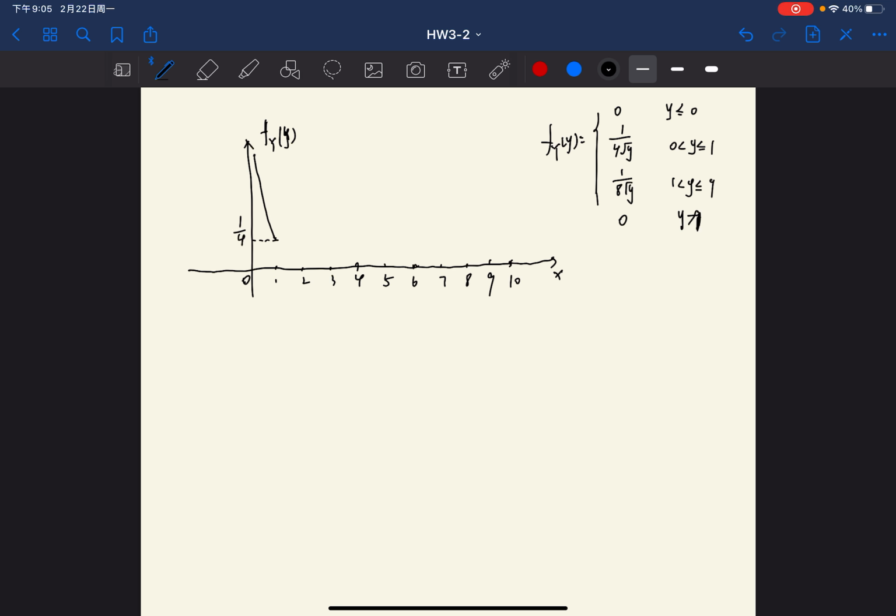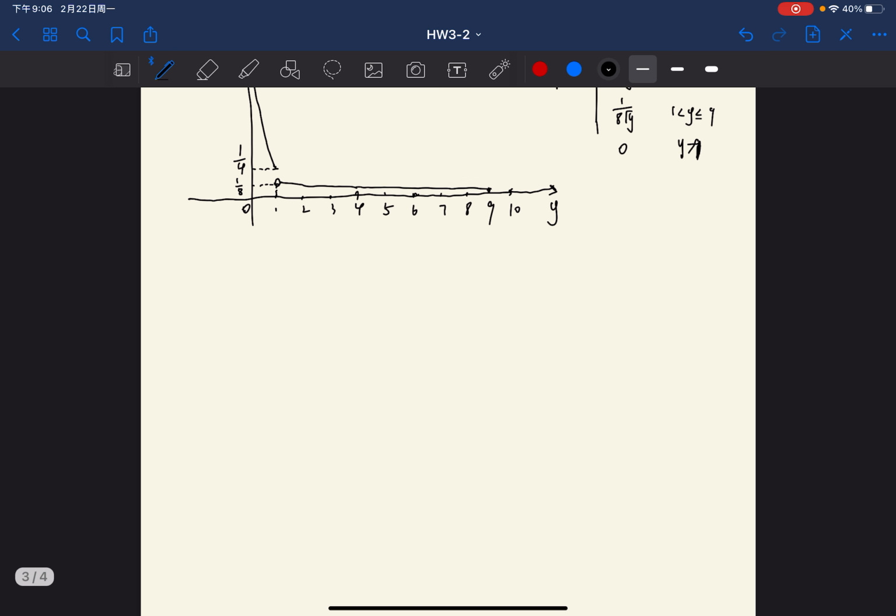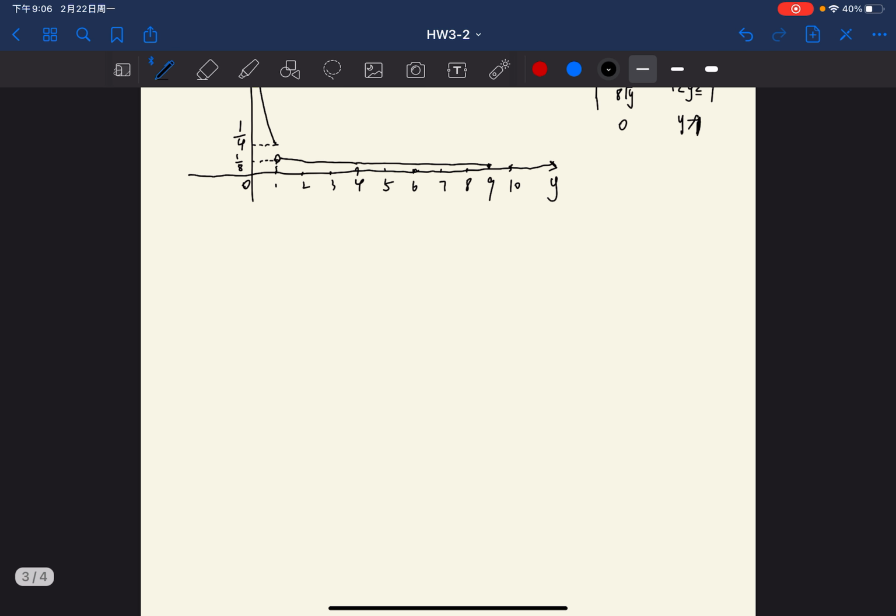And when y is between 1 and 9, we can draw this part, and when y is bigger than 9, it is 0, and this should be y. And this is the probability density function figure. And the probability distribution function figure is this.